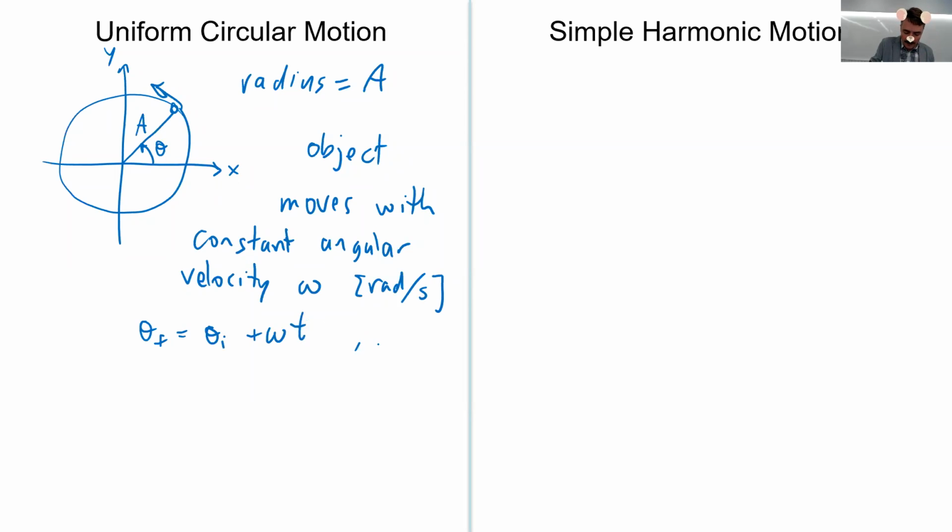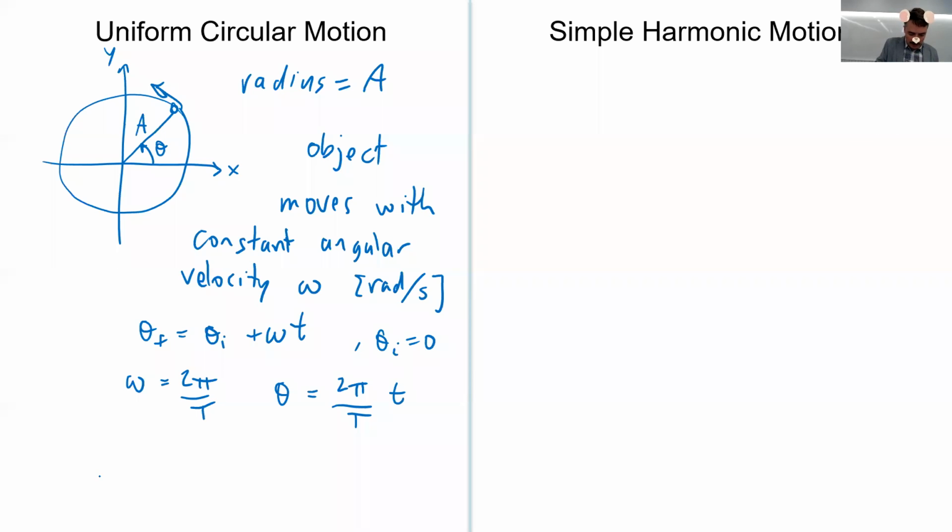So if theta_i equals 0, and omega is 2 pi over T, then theta is equal to 2 pi over T times t.